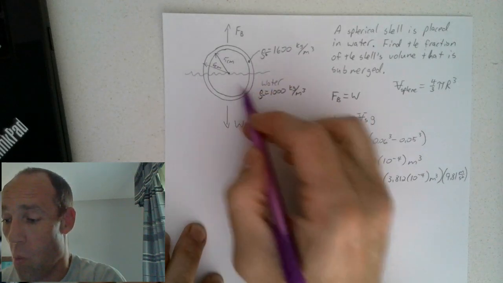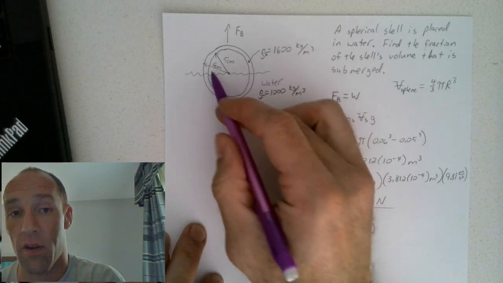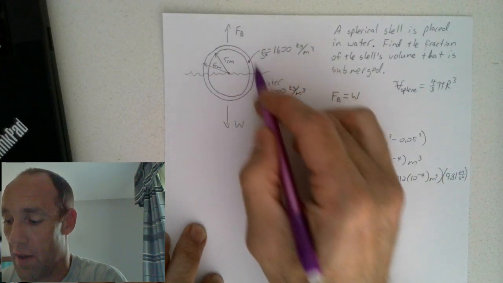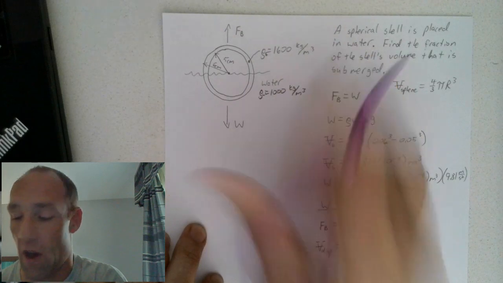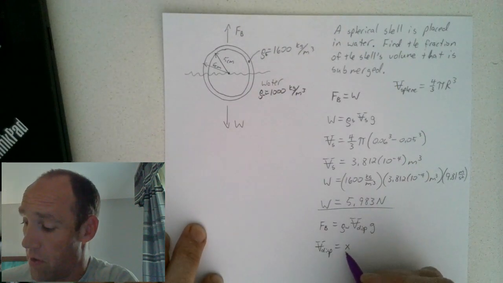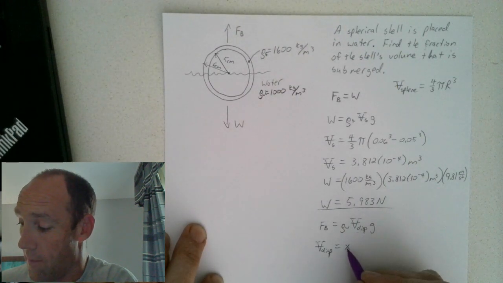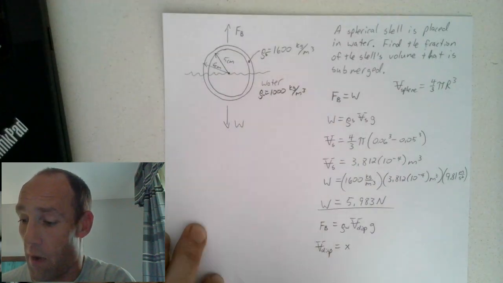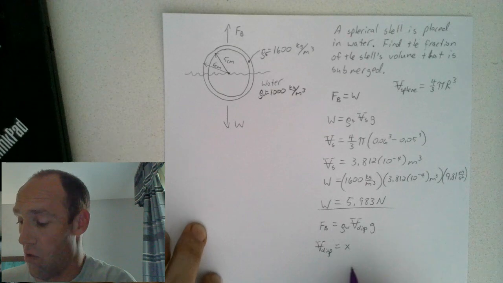There's no water in the interior of the shell, right? Consider it to be like a perfect vacuum in there. So we have an outer shell that's pushing this water aside. So the displaced fluid is just going to be some fraction x of the total volume of the sphere, and this x is what we're actually trying to find here.